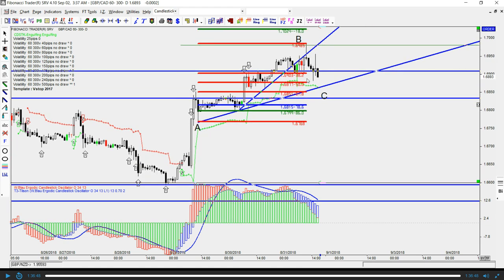Okay, so we're pulling back. We already cleared the 382. We bounced off that, so we're probably heading down to the 50 or possibly here in between the 618 and 786. Well, we have the 50 here at 1.6877 and the 618 at 1.6851.